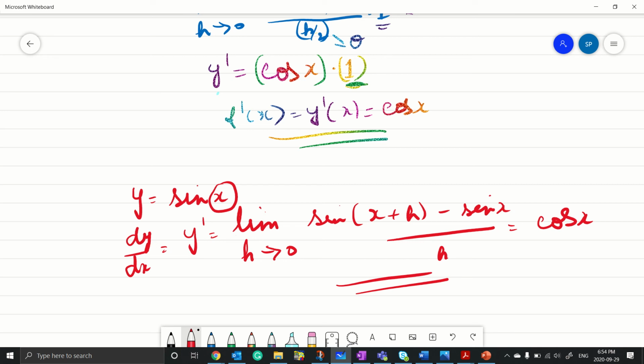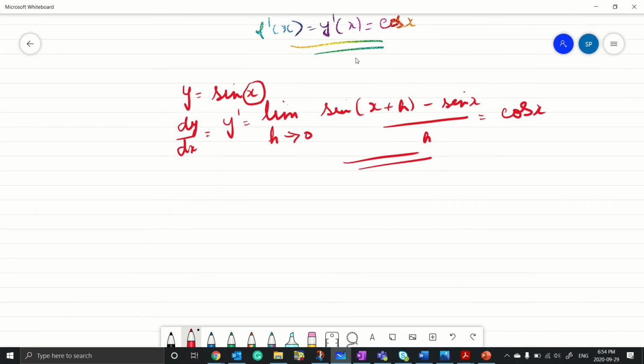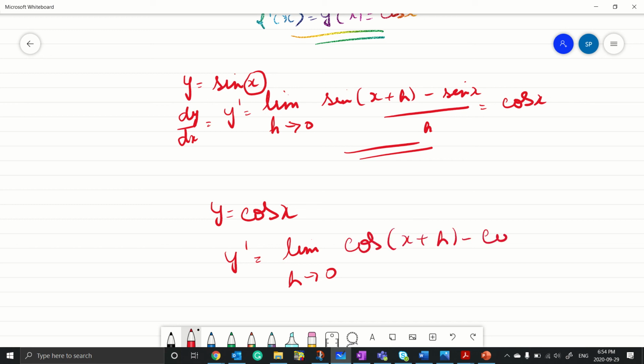You can similarly try the formula for y equal to cos x. You should get y dash is equal to the limit h tends to 0 of cos of x plus h minus cos x divided by h, and you will get minus sin x here. You can verify this.